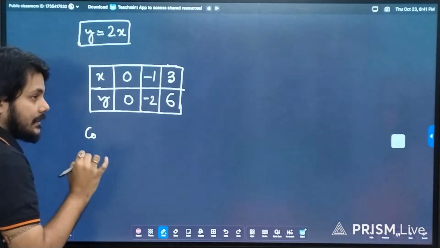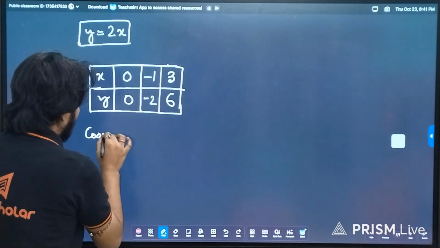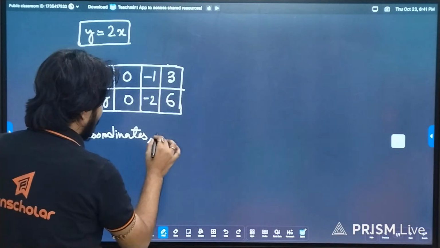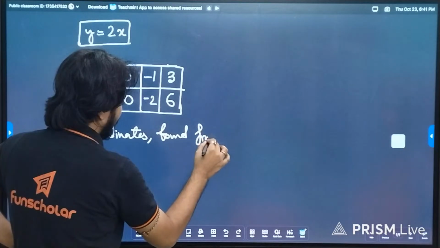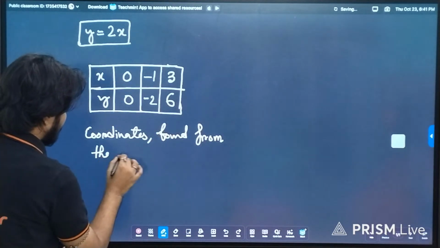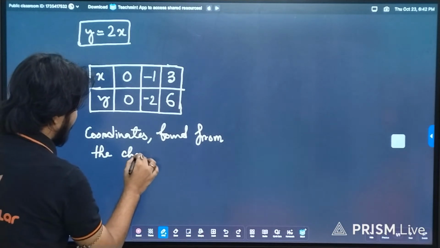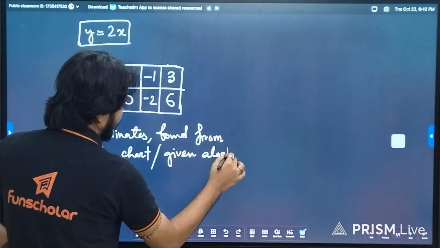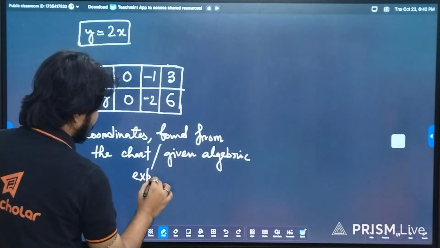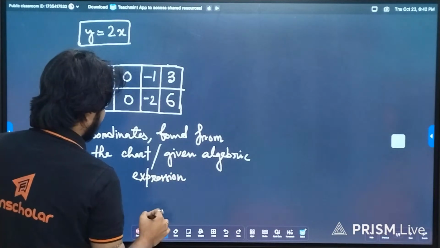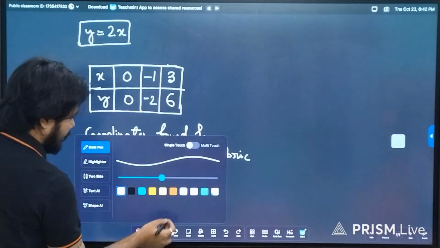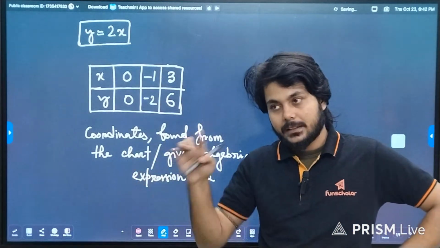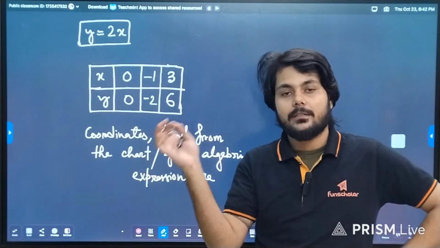Now see carefully what I am writing. Coordinates found from the chart or from the given algebraic expression are, see, in case of an ordered pair, we always write the value of x first, then we put a comma and we write the value of y.